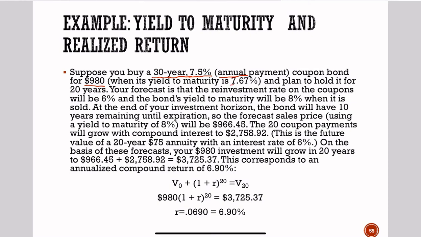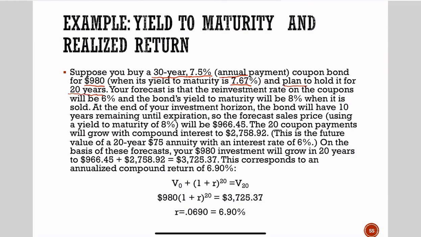The yield is 7.67. Given 30 years, given annual payment, given the coupon rate and yield to maturity, you should be able to find out the price of the bond is $980. And you plan to hold it for 20 years, right?